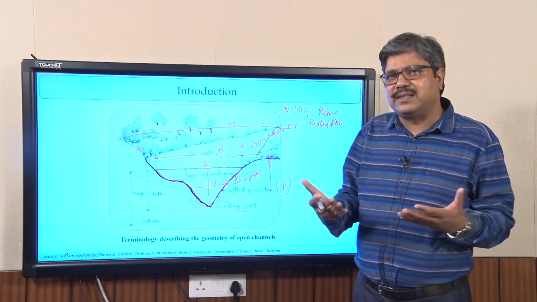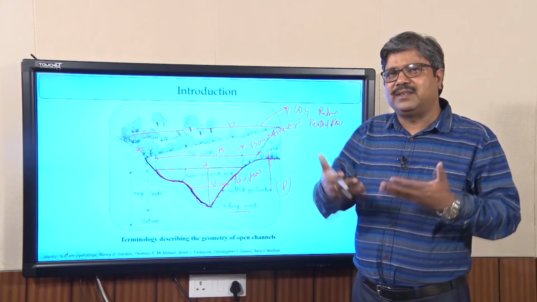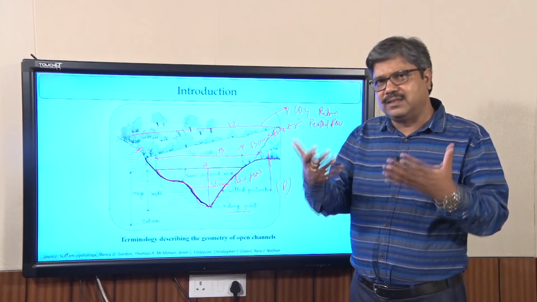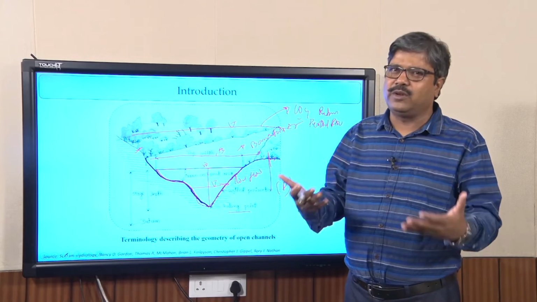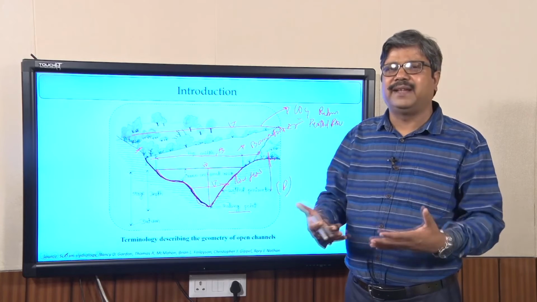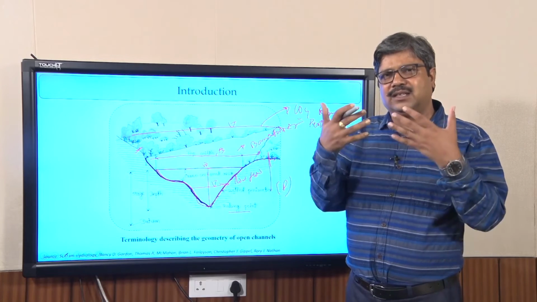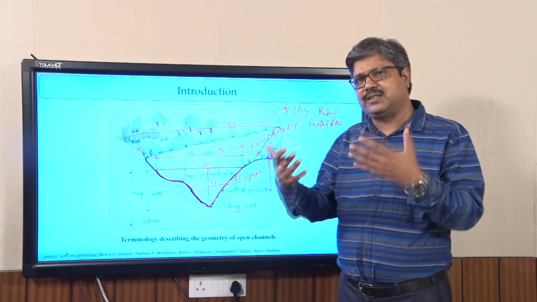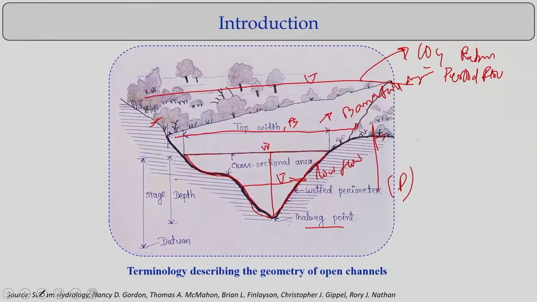You can imagine that the flow depth is variable. The basic parameters in a channel, like flow resistance, flow depth, discharge and velocity, vary with time as well as space.